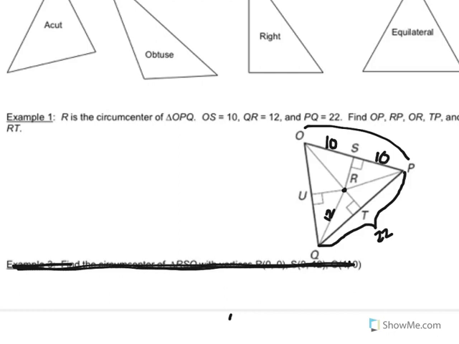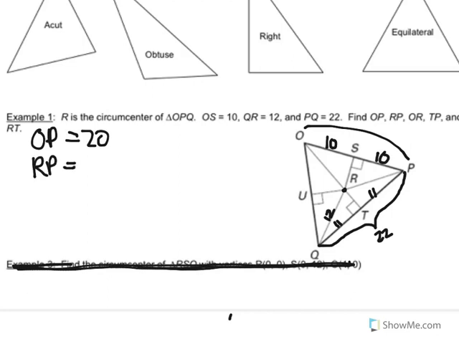And likewise, over here at QP, if the whole side is 22 and we have a perpendicular bisector at T, then we know this is 11 right here, and this is 11 right here. Now, some of these we don't necessarily have to say, but it's going to help us. Okay, so I'm going to write down the ones that we need to find. We've got to find OP, and we figured that out because if OS is 10 and SP is 10, then OP equals 20.